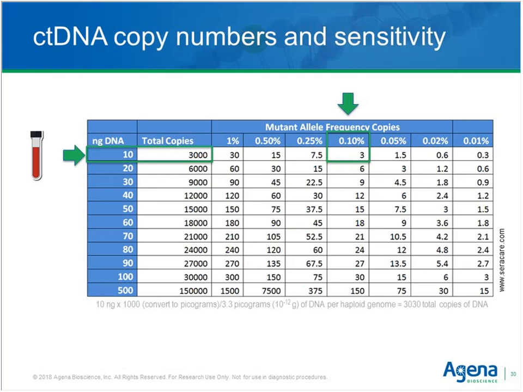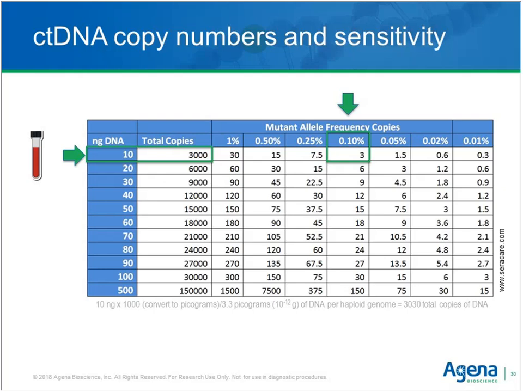But this being ctDNA in a high background of cfDNA, you can assume that these 3 molecules are in a pool of basically 1 in 1,000, so maybe 3,000 total copies of DNA. 3 in 3,000 equals 1 in 1,000, so the sensitivity that we need to achieve equals 0.1%.